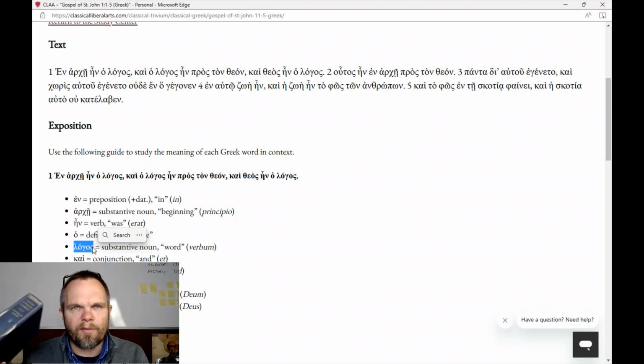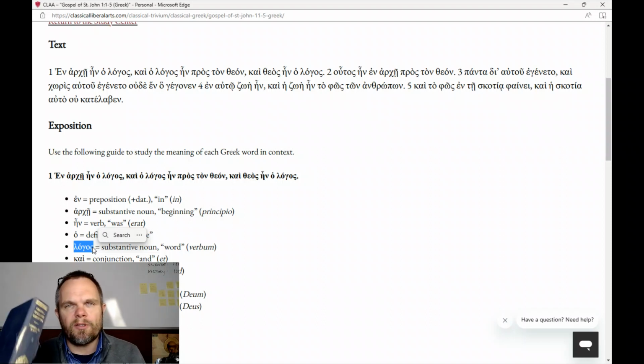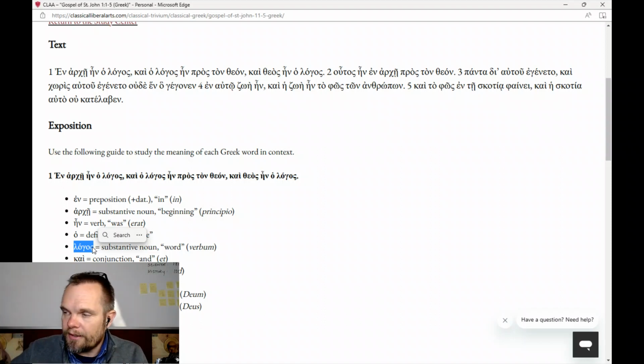You can get this for free on archive.org. But look up a word like logos in the dictionary, and you'll see that there's a lengthy list of possible meanings in English, and you just need to read through all of them to become familiar with the range of meaning for the Greek word.